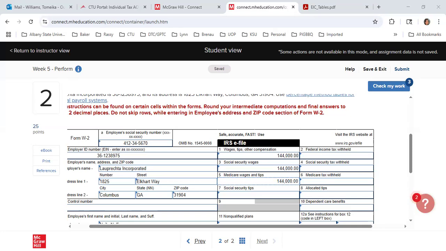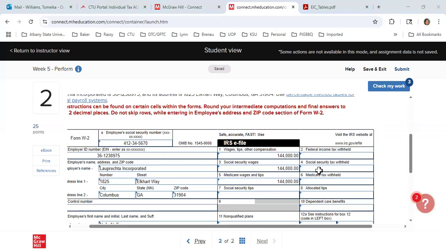So with that being said, if we take that 144,000 annually that this employee makes and multiply that by 6.2%, that is going to give us a total of 8,928.